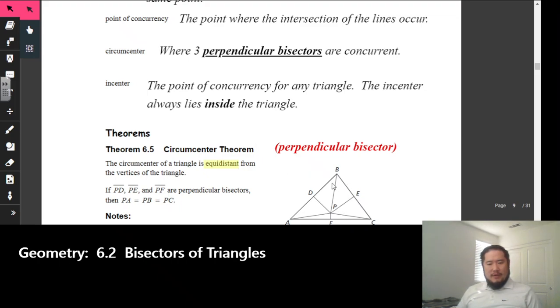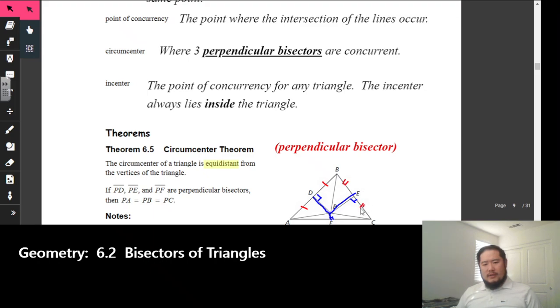So once again, PD, I'll highlight that in blue, P to E, and P to F. They are saying that if all of these segments are perpendicular bisectors, and what you also need to note is that in order for me to understand that these are not just perpendicular but they bisect sides, we'll put the little tick marks here.